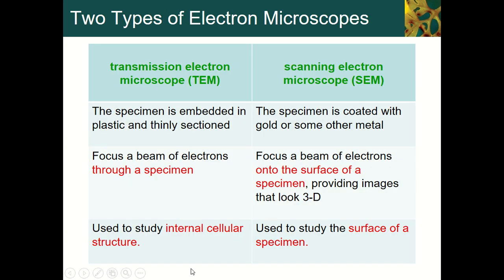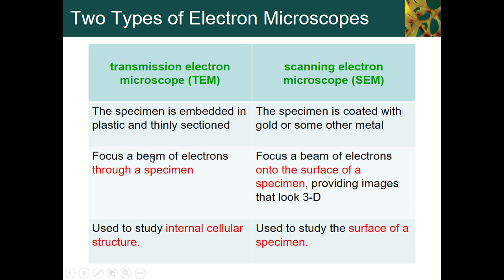There are two types of electron microscope: the transmission electron microscope and the scanning electron microscope. For the transmission electron microscope, or TEM, the specimen is embedded in plastic and thinly sectioned. Meanwhile, the specimen in SEM is coated with gold or some other metal.